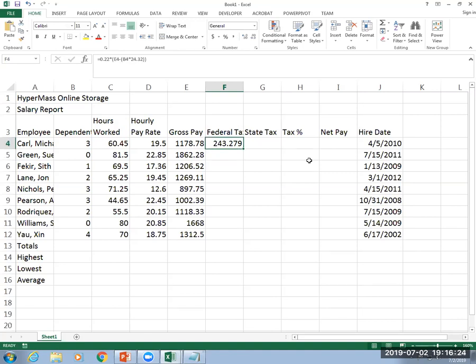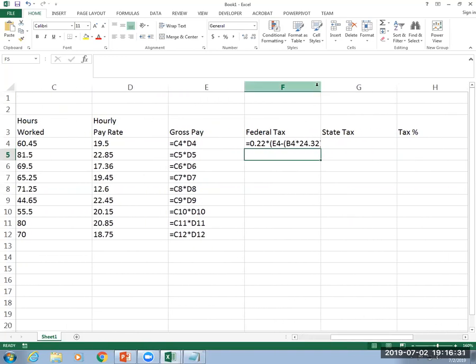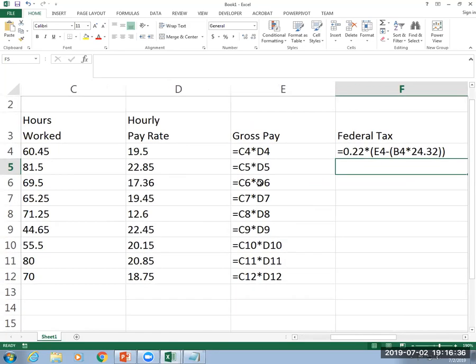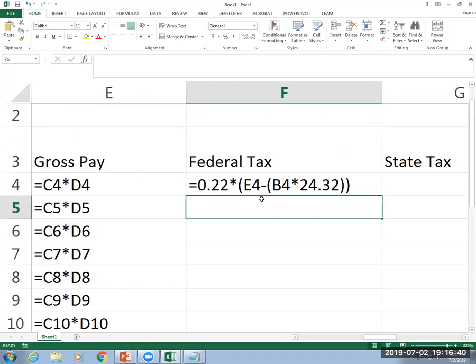So again, the equation is going to be 0.22 times E4 minus B4 times 24.32. And that's what the federal tax is.